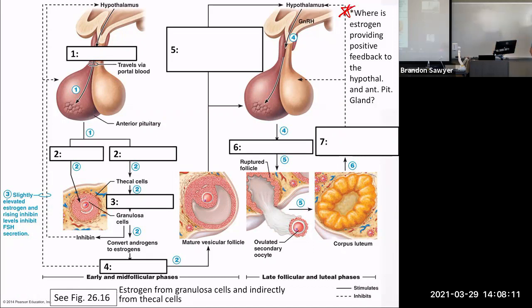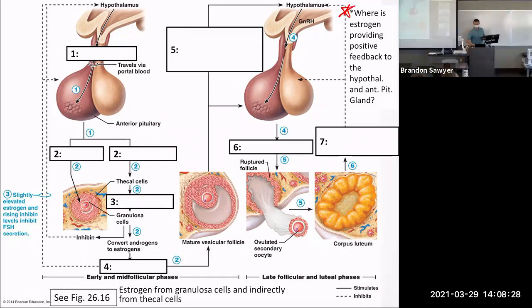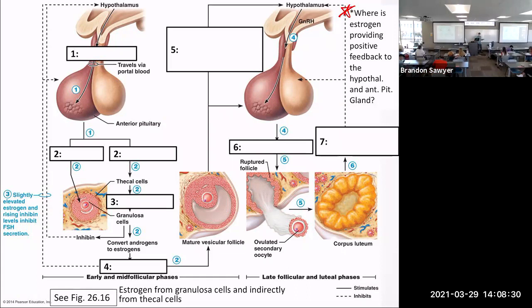All right, so you guys are sending in the answer to that question up in the top right there. Where do we see that positive feedback from estrogen? Send in your answer there. I'll give you about 15 seconds if you haven't sent that in yet.